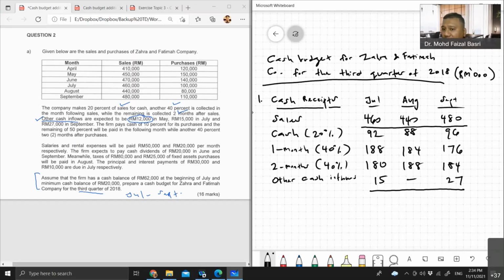So to avoid confusion, just draw a line. And therefore, you just add the ones in between the 2 lines. Okay, starting from cash down until other cash inflows. Right? So for example, for July, you have 192,000 plus 188 plus 180 plus 15,000. So you have 475 here.